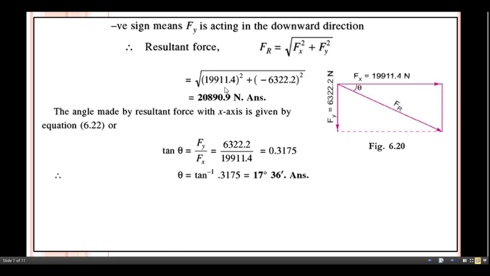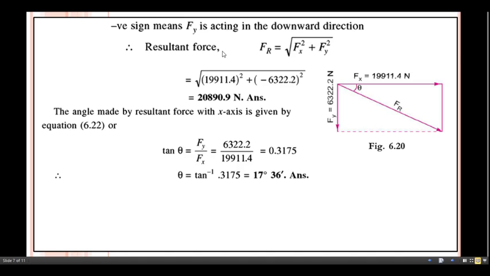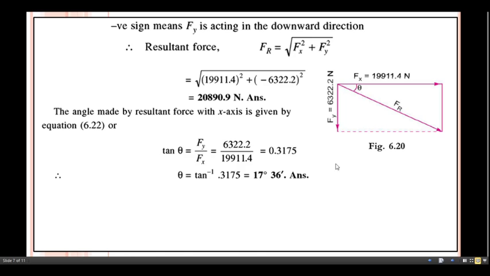Now if you just focus here, summation of fy is negative and summation of fx is positive. Depending upon the sign of these two, you can decide the quadrant for this resultant force. As summation of fx is positive and summation of fy is negative, R lies in the fourth quadrant.